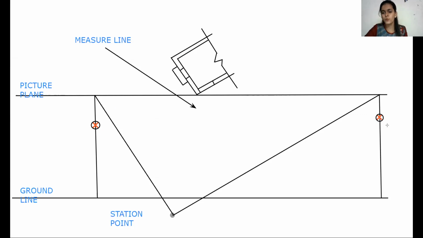I did not move the vanishing point, it's like a zoom in for better understanding. The height of the observer still remains the same. I'm just zooming the drawing in our whiteboard so that you can easily understand.